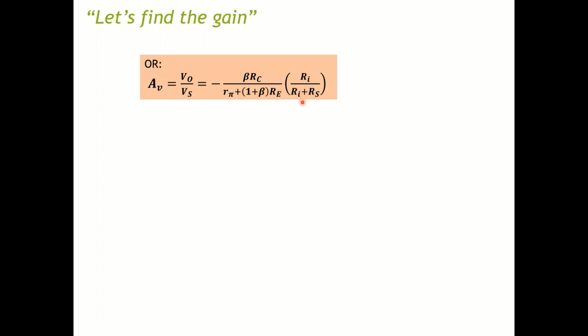Ask yourself the question first. So if this Rs is very small, technically this whole term will become 1, because Rs will go to 0, and Ri over Ri becomes 1.